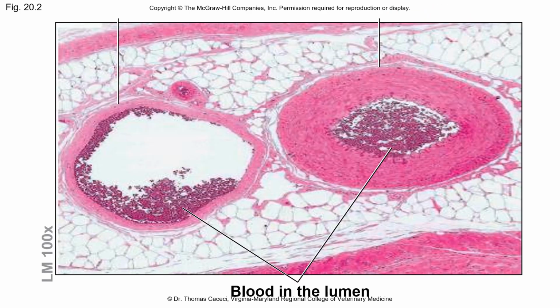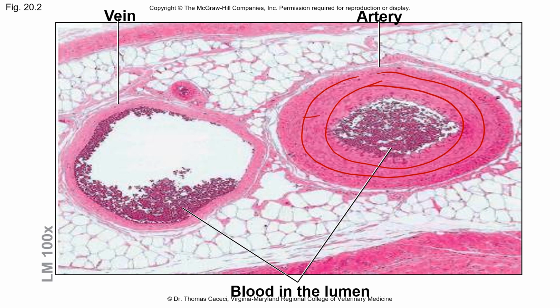All right, so take a moment, pause the video if you need to, figure out which of these is an artery and which of these is a vein. Did you guess correctly? This is the artery because it's got a thick tunica media, and it's got a thin lumen.